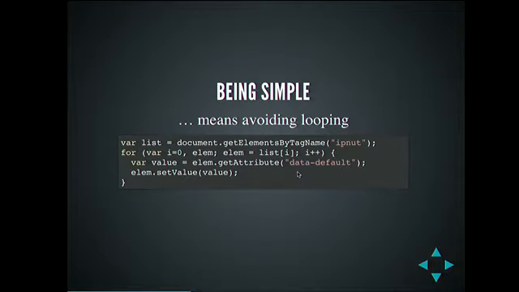In this example, we just want to set the value of an input field to a defined default value we've given in the HTML5 data attribute default. And manually, we will be doing something like that, which sucks because we have to take care of the looping. This is just boilerplate code that annoys me.